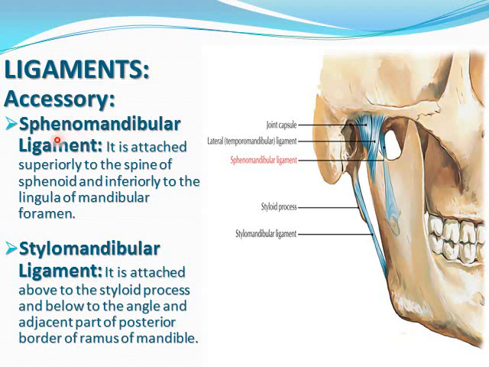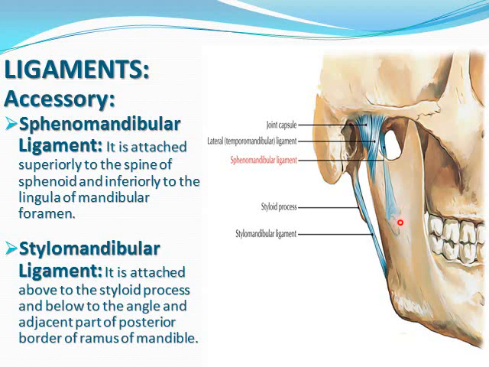Two accessory ligaments are the sphenomandibular ligament and the stylomandibular ligament. So the sphenomandibular ligament is attached superiorly to the spine of sphenoid and inferiorly to the lingula of the mandibular foramen. Now here you can see in this diagram that the sphenomandibular ligament is attached superiorly to the spine of sphenoid, and it is attached below to the lingula of the mandibular foramen.